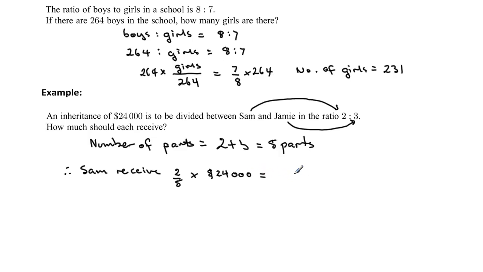So he would get $9,600. And Jamie obviously is going to receive more. He gets 3/5 of the total. So that's 3/5 of $24,000. And if you use a calculator to find that, that's $14,400.